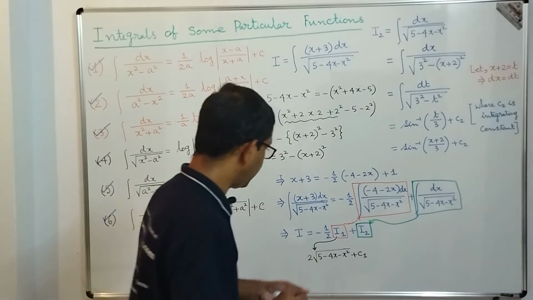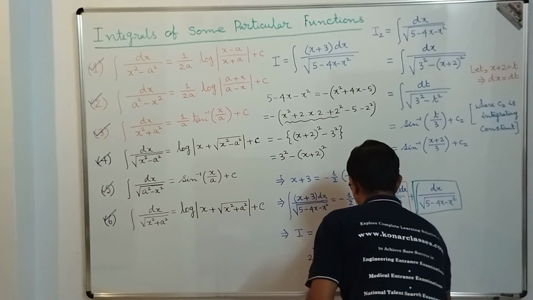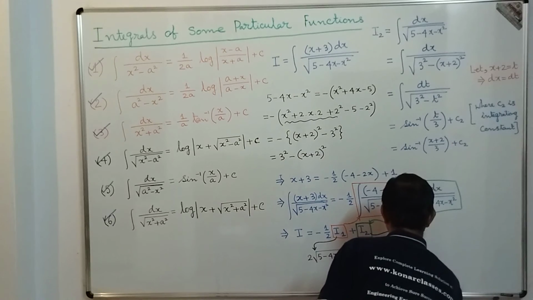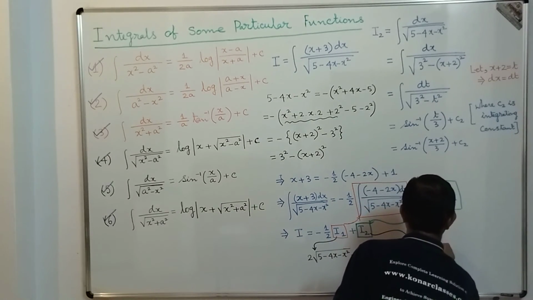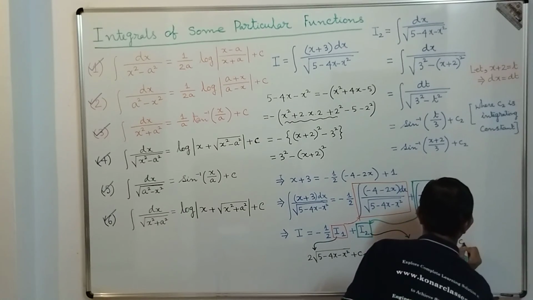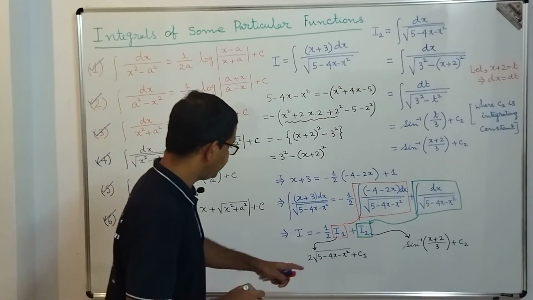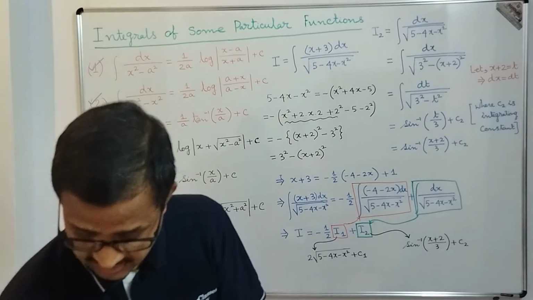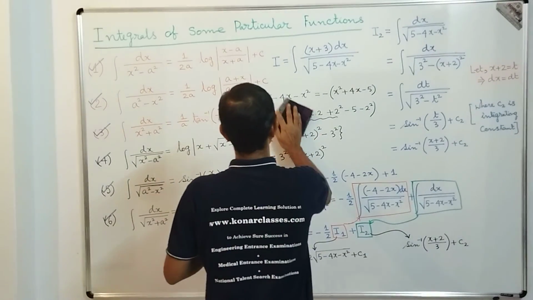The value of I2 is equal to sine inverse of x plus 2 divided by 3 plus c2. Now all you need to do is apply these values of I1 and I2 in this one, because the given question is to find the value of I. Okay, so let's apply.